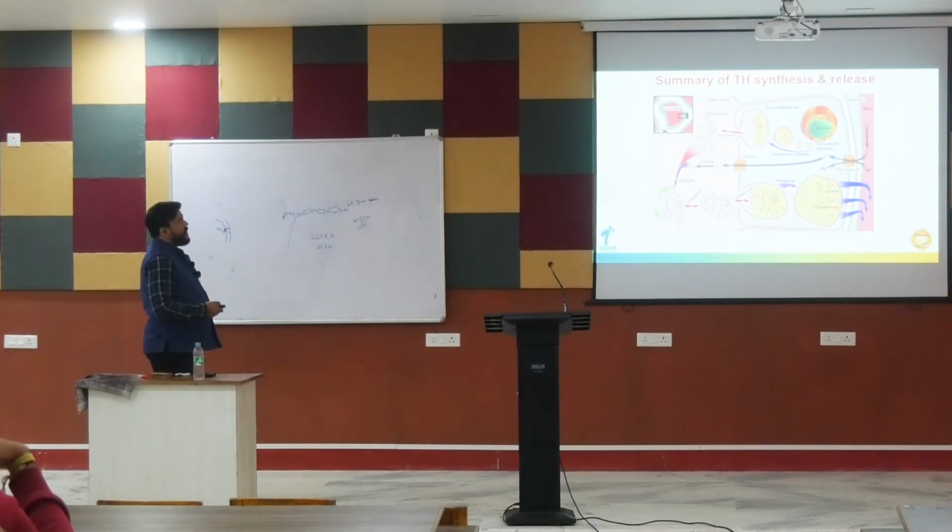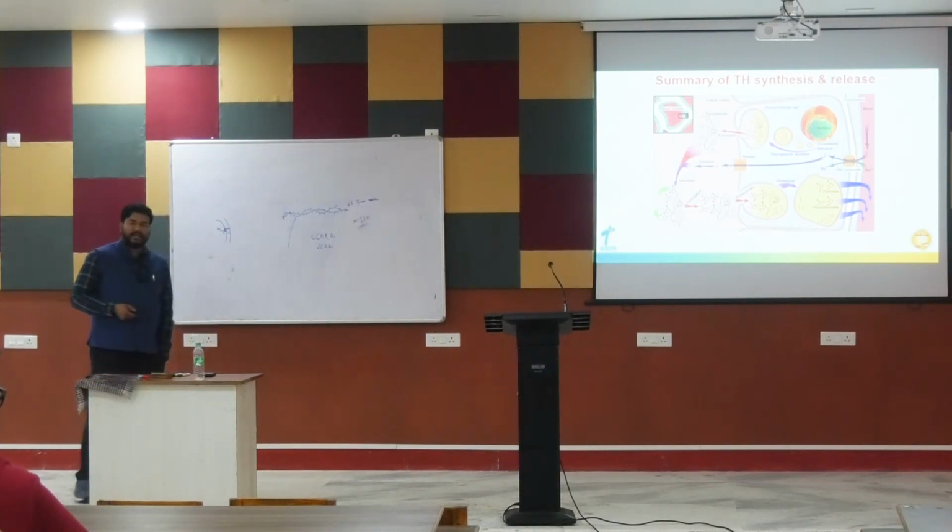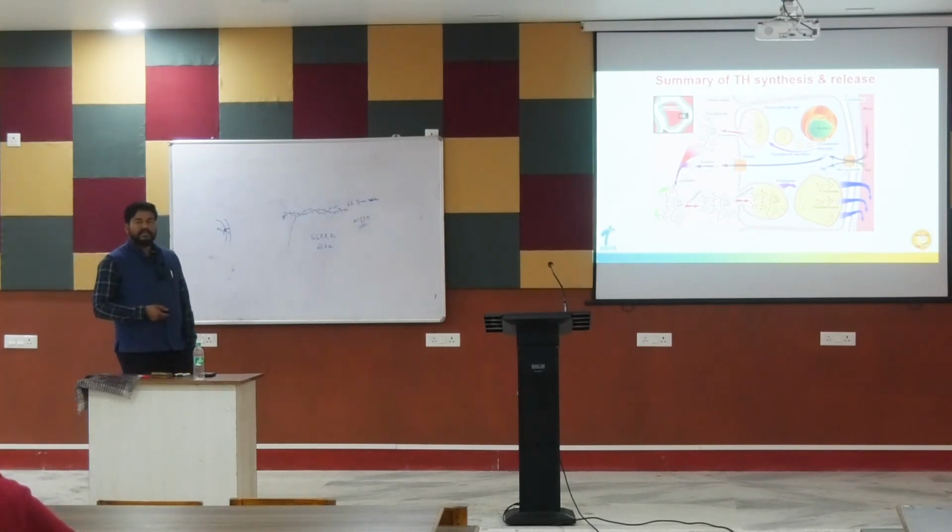Okay, this is the sodium iodide importer. This iodine goes by pendrin into the colloid. Then the oxidation, iodination, conjugation, then again endocytosis, and there is proteolysis of the tyrosine residue to secrete thyroid hormones into blood. Any question up to this?